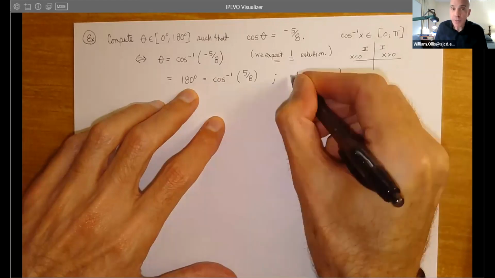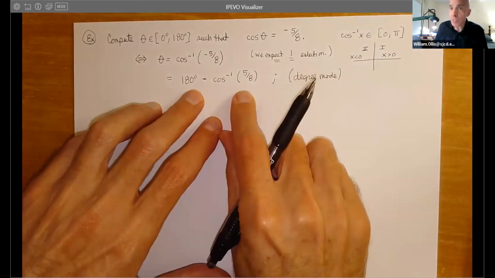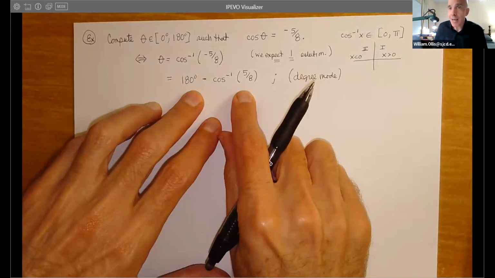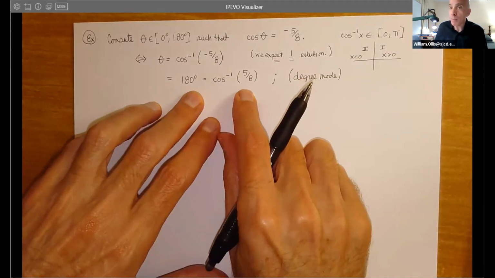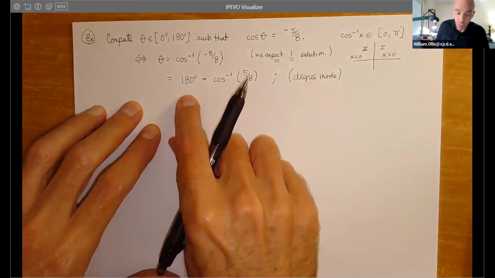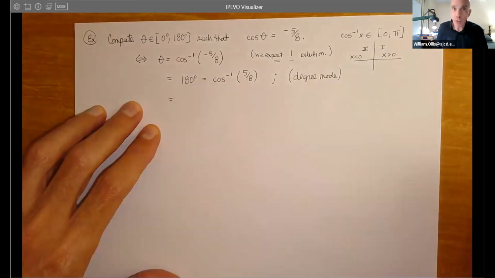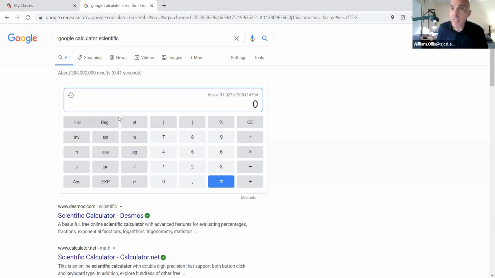So when we look at this, this is an exact representation of the solution, but say our client wants an approximation. So at this point, we can say, okay, let's go to our Google calculator. And so again, note that we have the DEG for degree mode. It will do the conversion for us, so we don't have to multiply by 180 divided by pi.